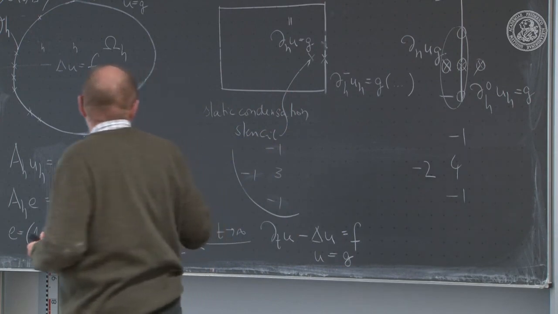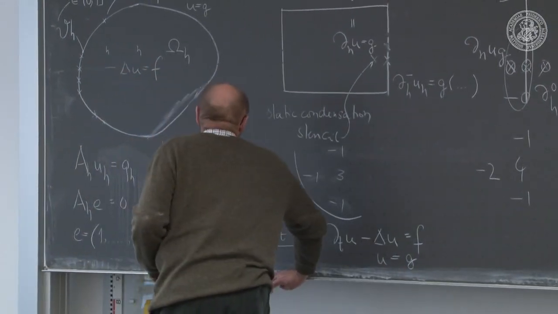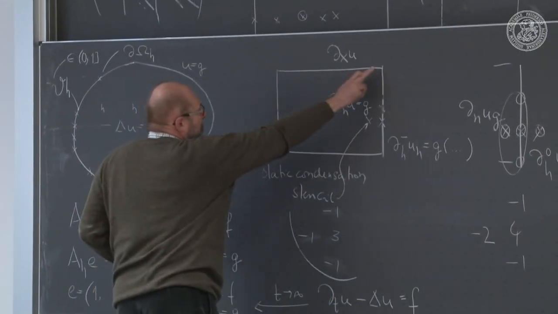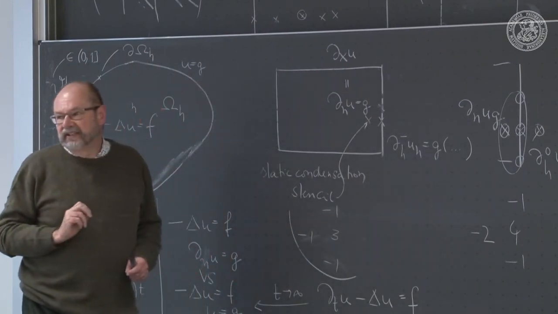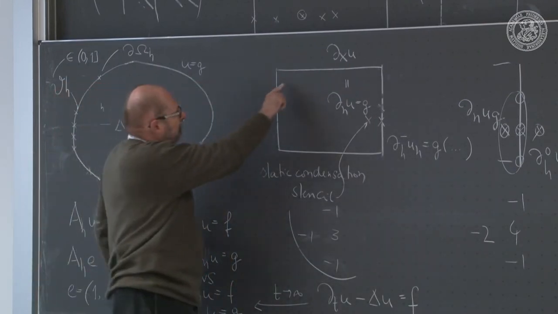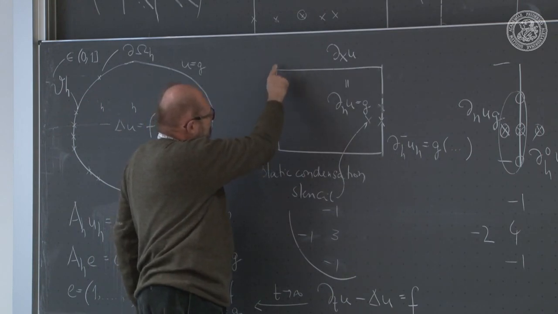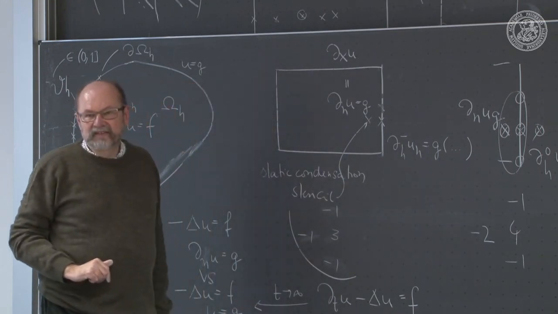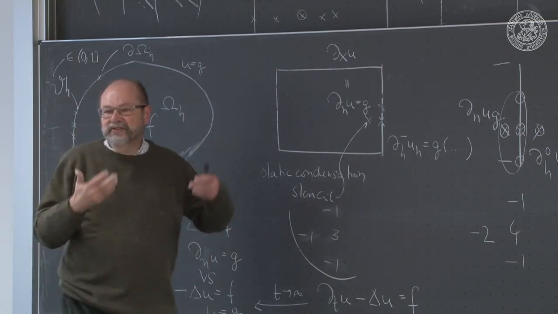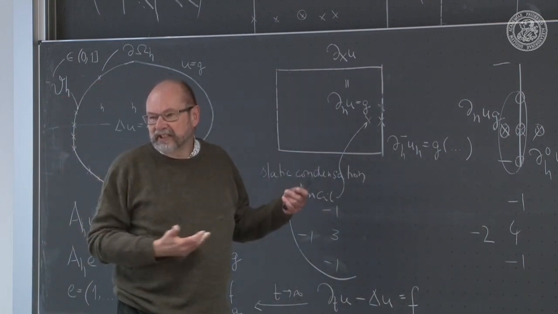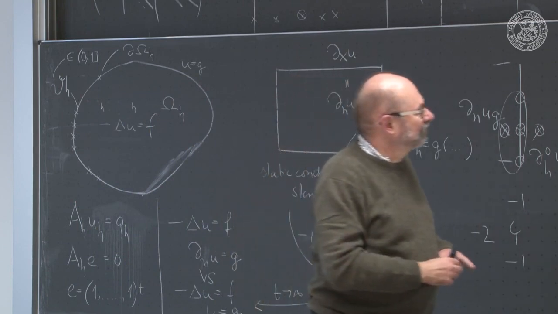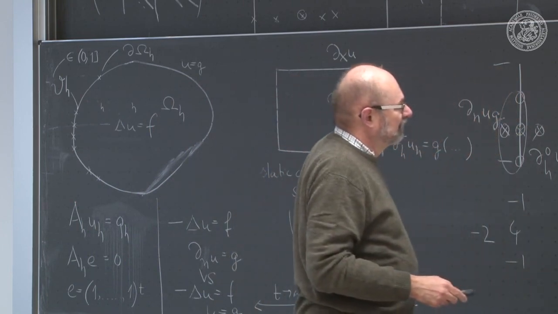You might have noticed that the 4 corners do not appear in any stencil. If you take the stencil here, this point never appears. So of course it can have no influence on the solution. That's quite natural to do it like that.